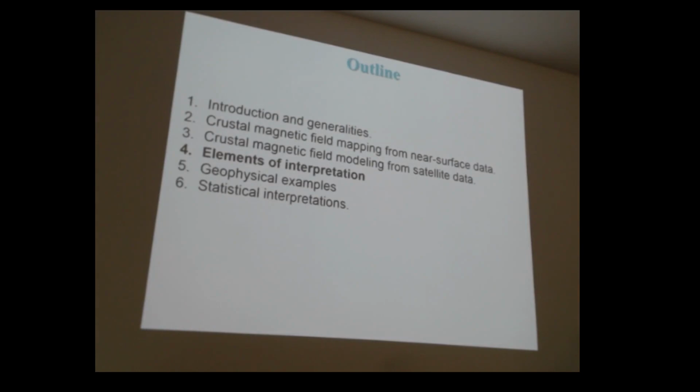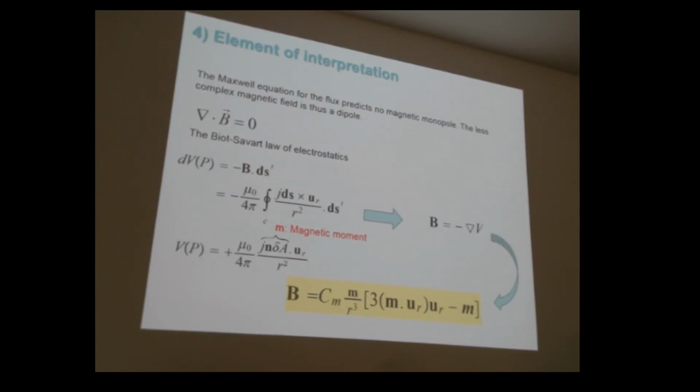Okay, now what can we do out of this stuff after accumulating the signal? So I need to go back to very simple fundamentals. The thing is that, okay, you have divergence free magnetic field, meaning that the basic element is a dipole.